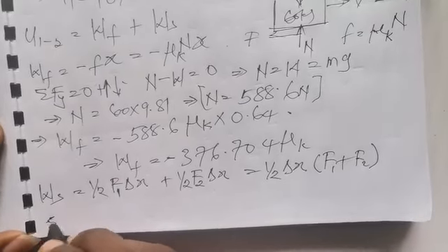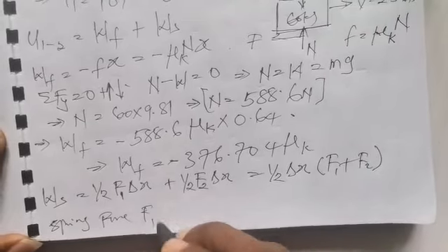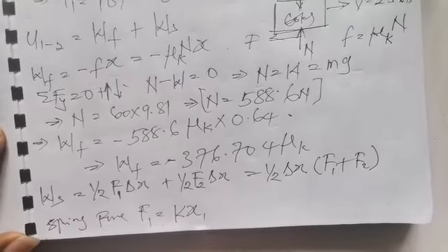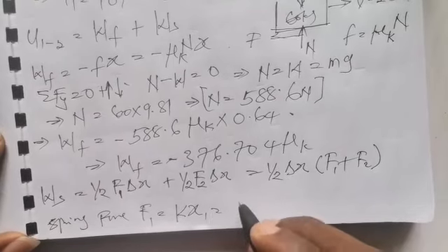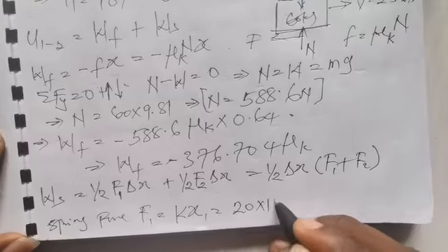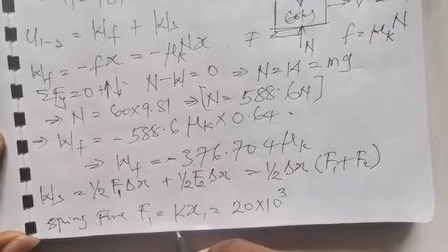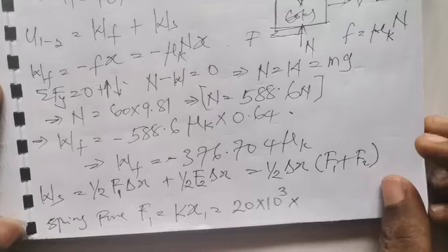Spring force 1, spring force F1 is simply taken as K multiplied by X1, where K is the spring constant. So this is equal to, spring constant was given as 20 by 10 to the power of 3, which is 20 kilonewtons per meter. So 20 multiplies our first compression.